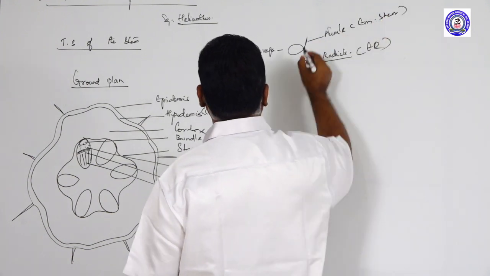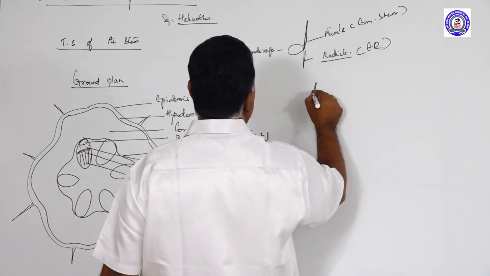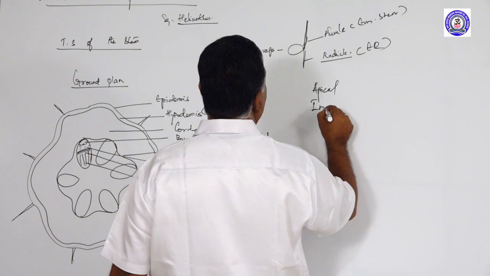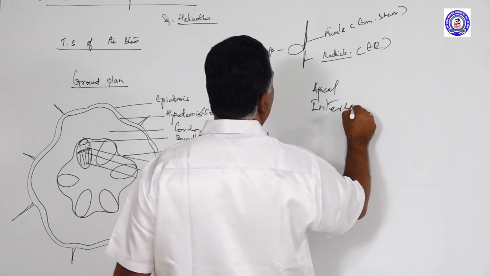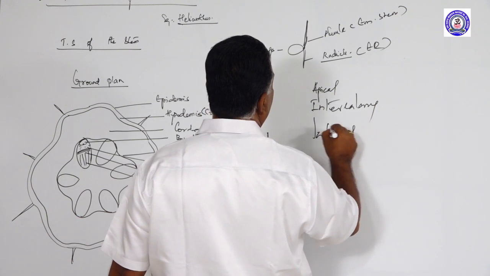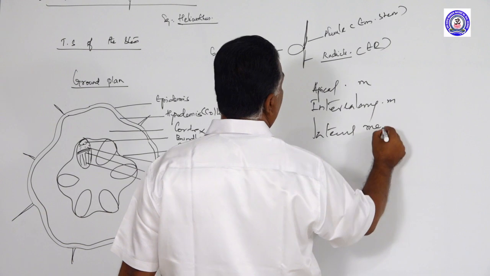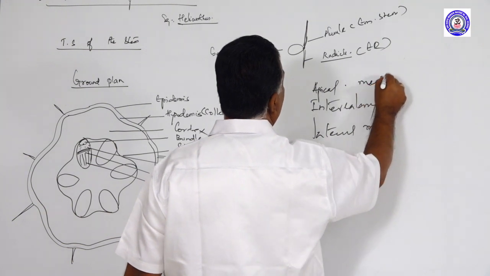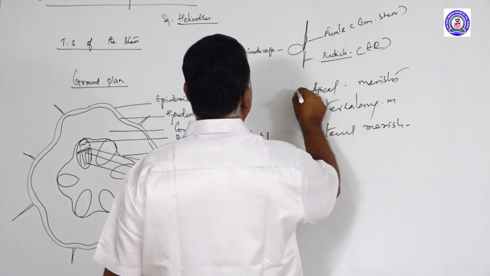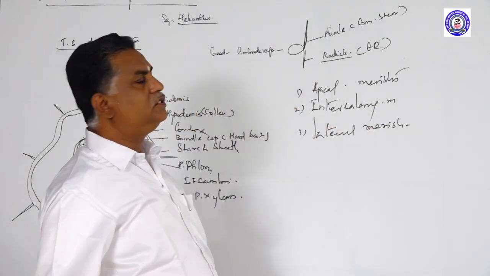In both structures you would see apical, intercalary and lateral meristem. So meristems are of three types: apical, intercalary, lateral meristem.